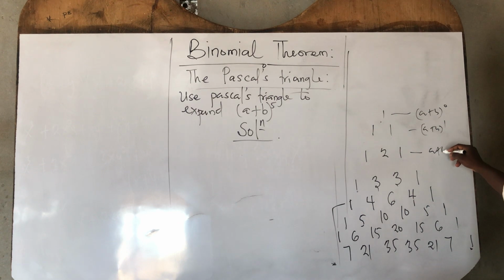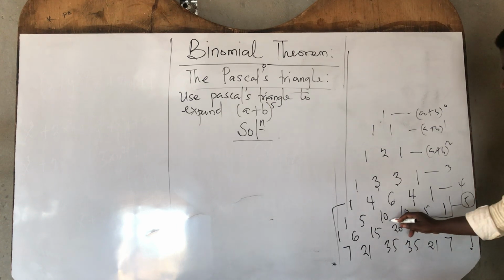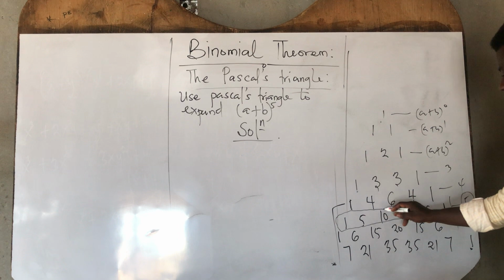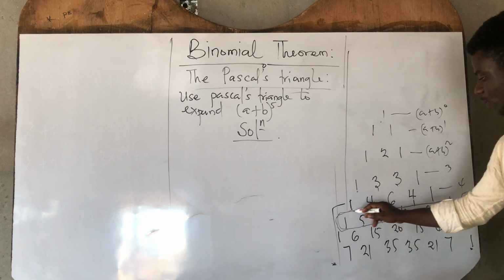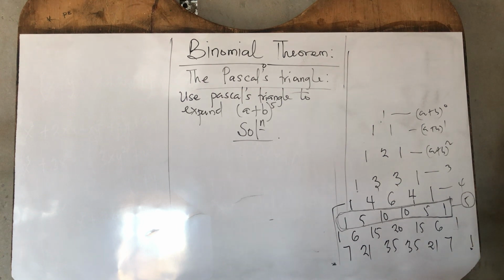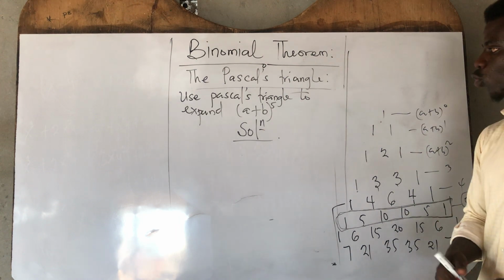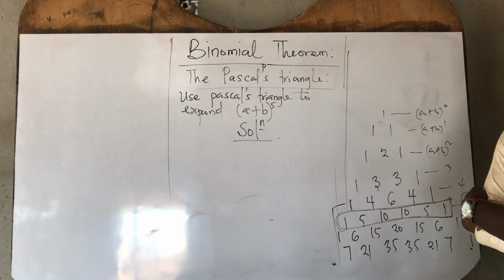This one is a plus b to the power 2. So here we get 3, then here 4, then here 5. So a plus b to the power 5, these are the coefficients for a plus b to the power 5. We have this coefficient to be used, right?